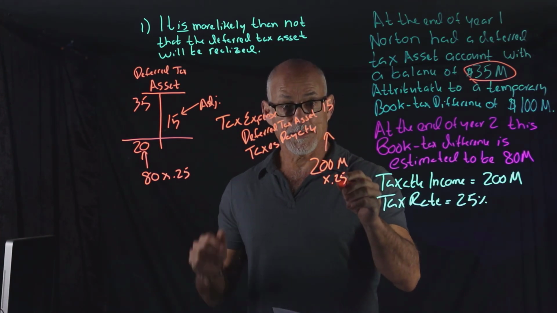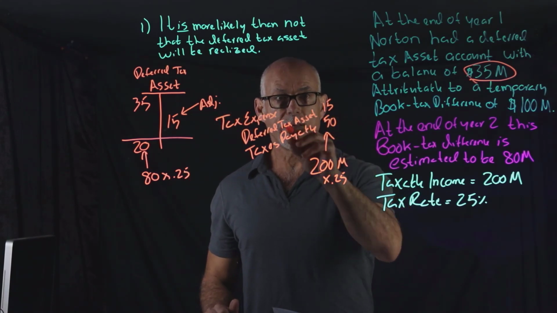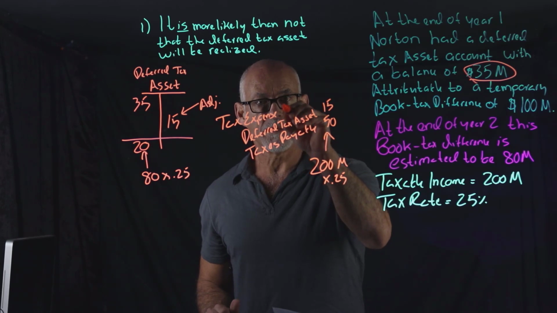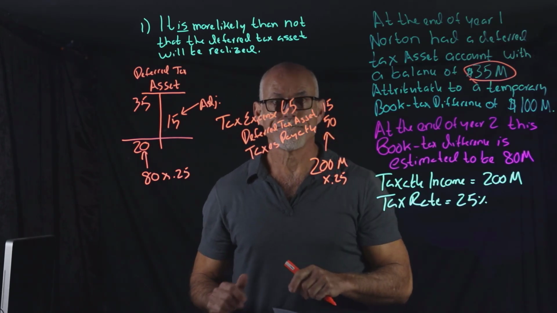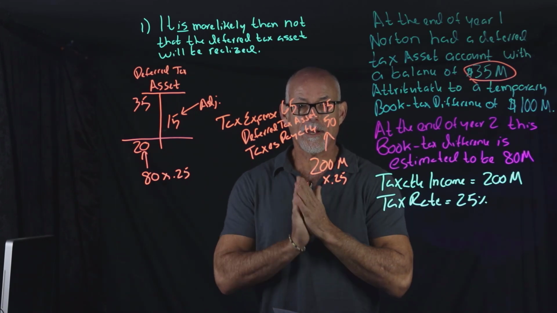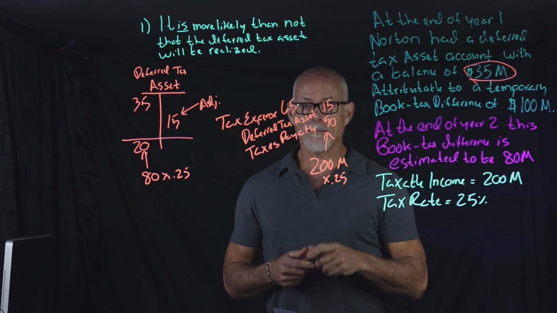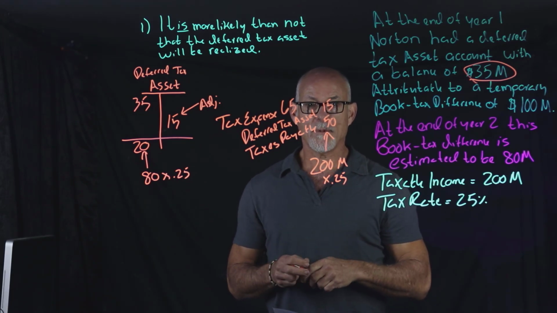And that gives us 50, which then makes tax expense equal to 65. So deferred tax asset or liability, solve for that. You can then solve for taxes payable, and then tax expense just comes about from knowing those two things.